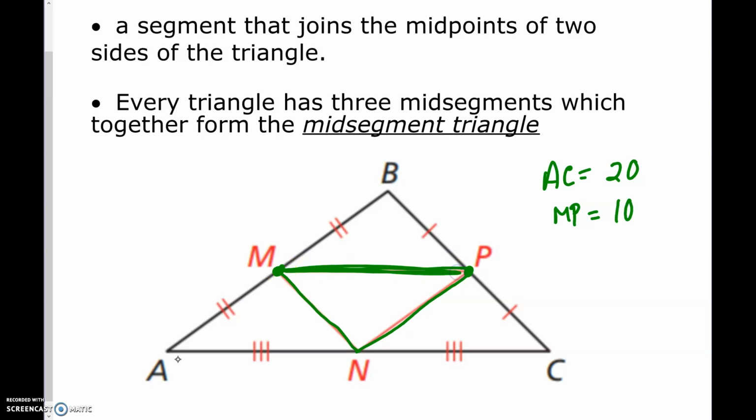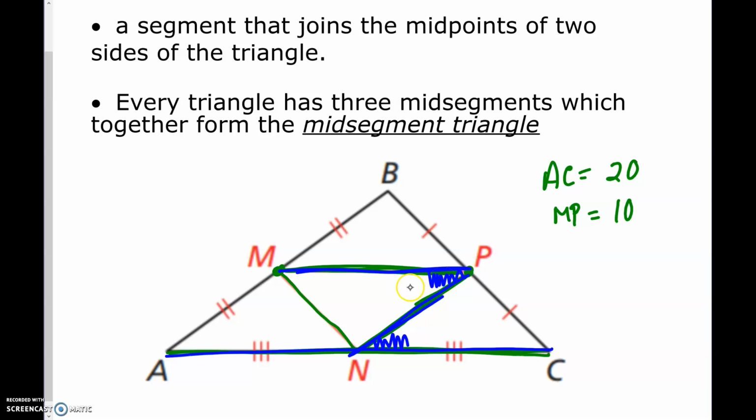MP is not only half of AC, but another thing we would find out is, if we get out our protractors and do some measuring, this right here could be considered a transversal. So if we have our parallel lines and this transversal, we would measure this angle and this angle, and we would find out that those two angles are congruent.